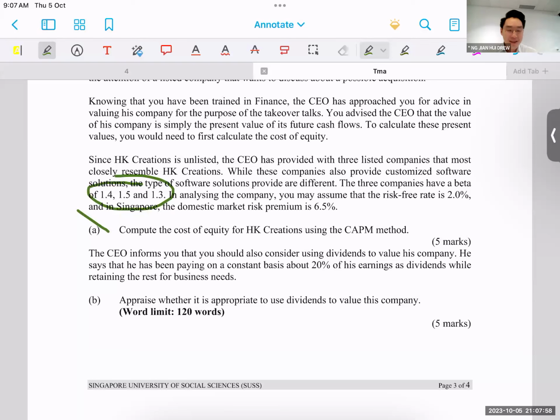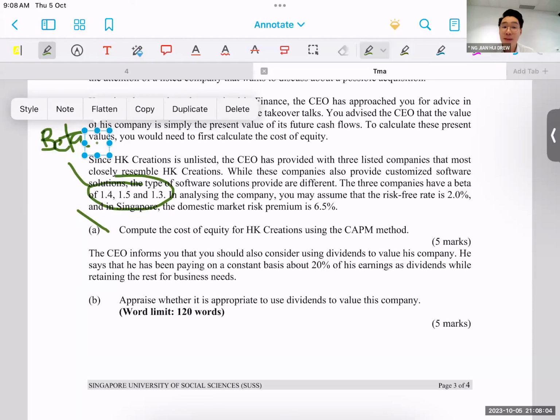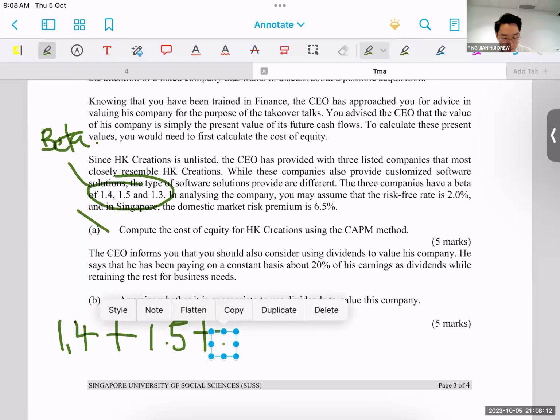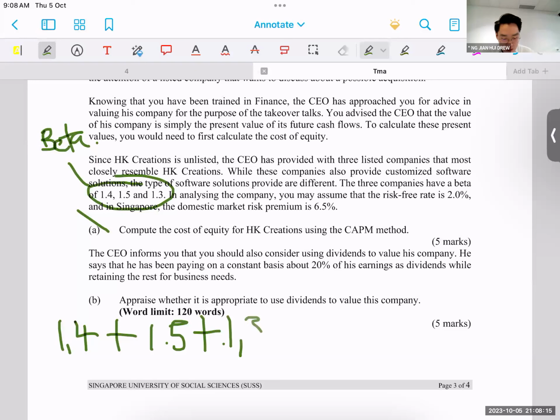But you need to know that beta is additive. Okay, I repeat, beta is additive, meaning you can add the betas. So you can do 1.4 plus 1.5 plus 1.3 divided by 3 to get the average beta. Remember, in this case, only beta is additive.